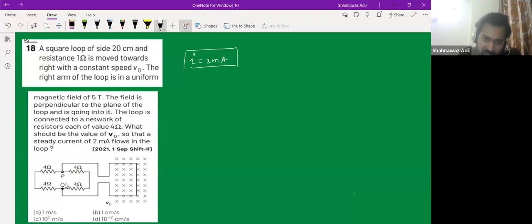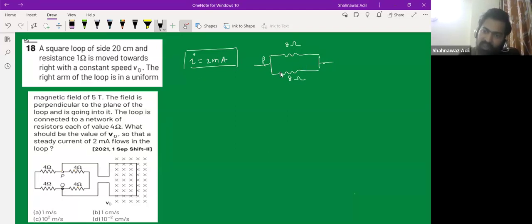From this point P to this point Q, this is in series and this is in series, right? So the effective diagram is this one. We have PQ, which is 8 ohm, and then we have 8 ohm, and these are connected in parallel.